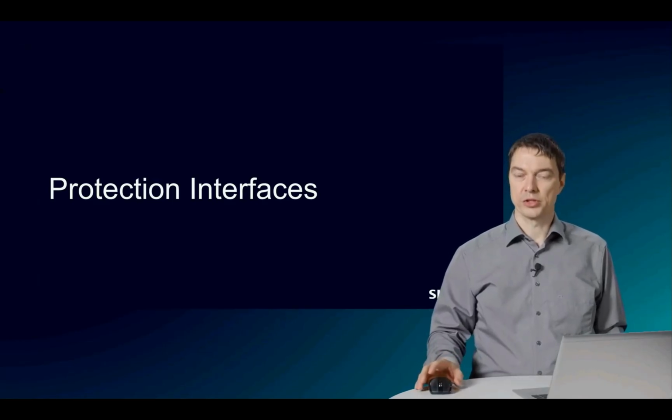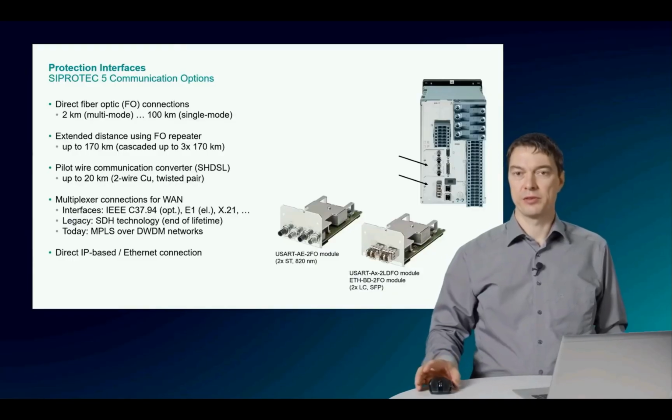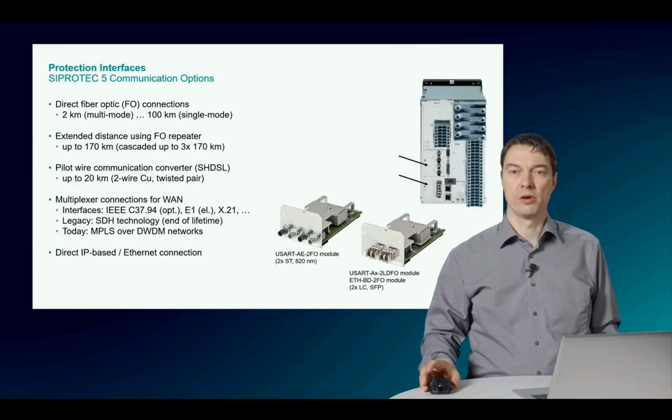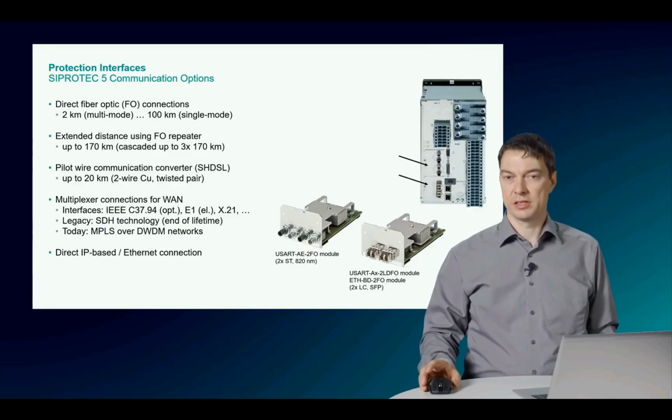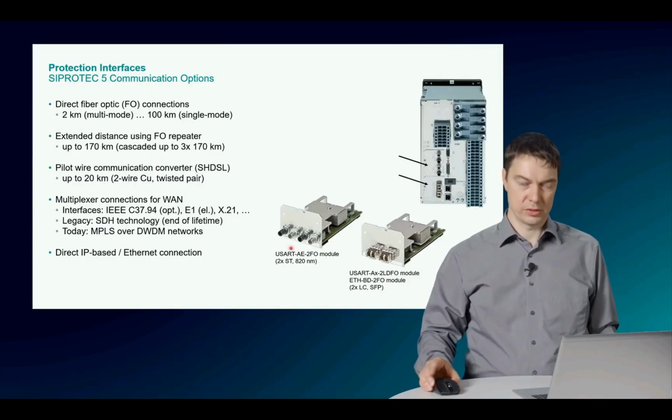Let's come to the protection interfaces. The CPOTEC 5 base module provides 2 slots for the communication modules. For the modular devices, the CB202 module can be added, which provides another 3 slots. In such a slot, you can plug a communication module. This is shown here.